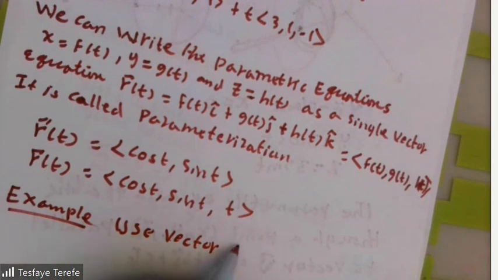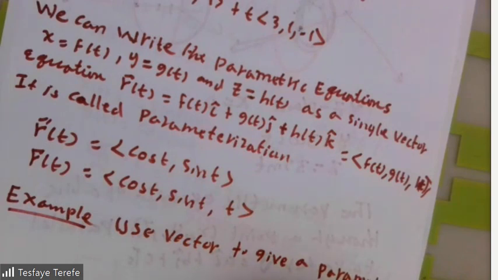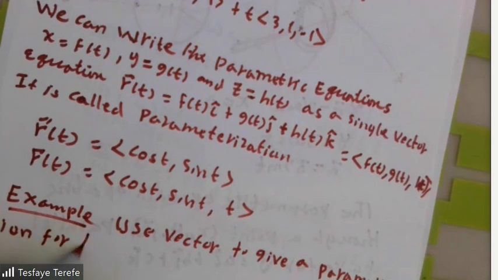Use vectors to give a parameterization for the circle of radius 1/2 centered at the point -1, 2.